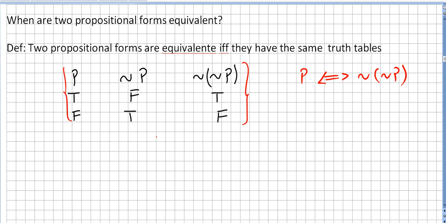Well, this was a bit too easy, right? So let's do something a bit more sophisticated. Let us say we have P and we have Q. Okay? Let us say true, true, false, true, true, false, and false, false.